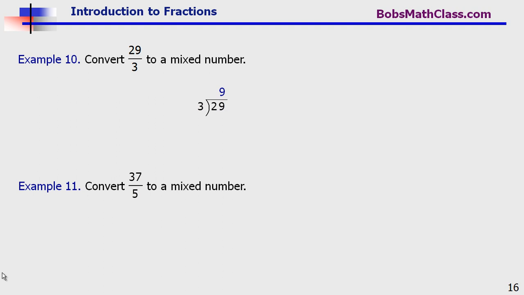Sorry, 3 goes into 29 9 times. 3 times 9 is 27. Our remainder is 2. The denominator always stays the same, so our answer is 9 2/3.